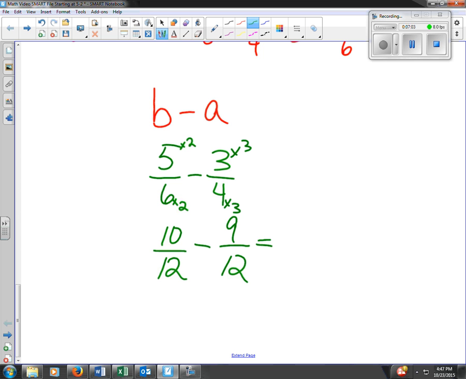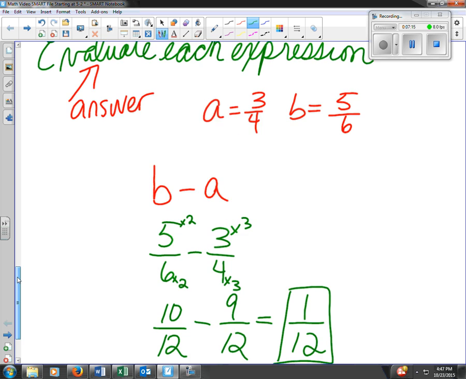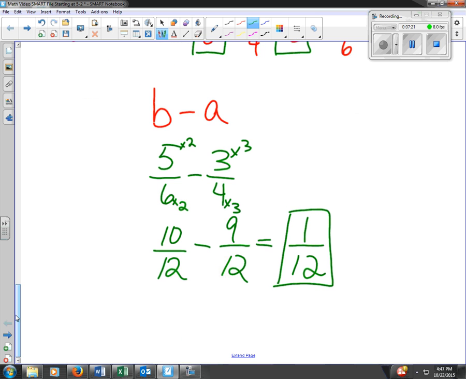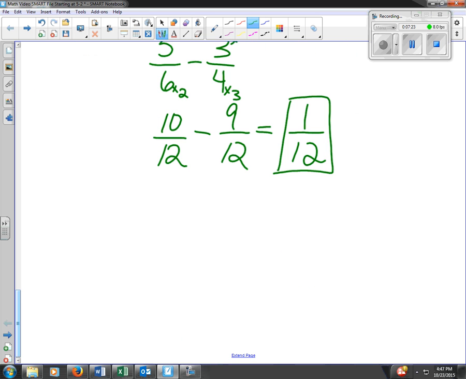So 10 minus 9 is 1/12. You circle it, or box it, and you're done. So when it says evaluate each expression, that's what it means. I give you A means this, B means that, and then you solve. Not hard, you just have to pay attention.